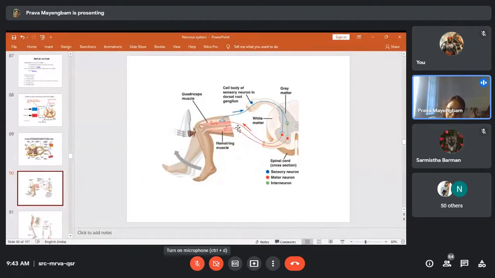These will be acting on the extensor group of muscles, and this will enable the leg to lift up. When the hammer is hit here, this will definitely lift up the leg. How is it possible? Because this signal is acting on the extensor group of muscles. Okay, I'm just giving an example.